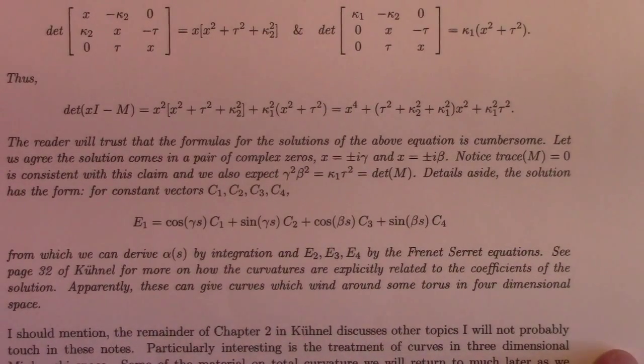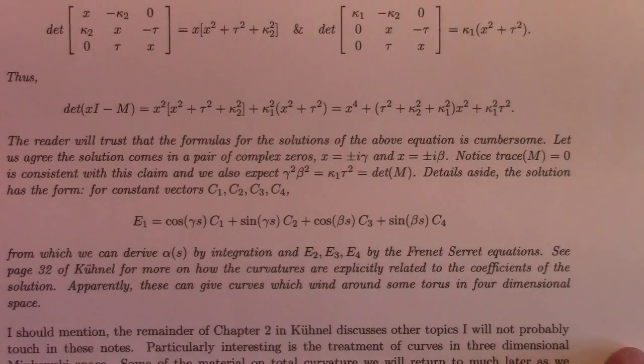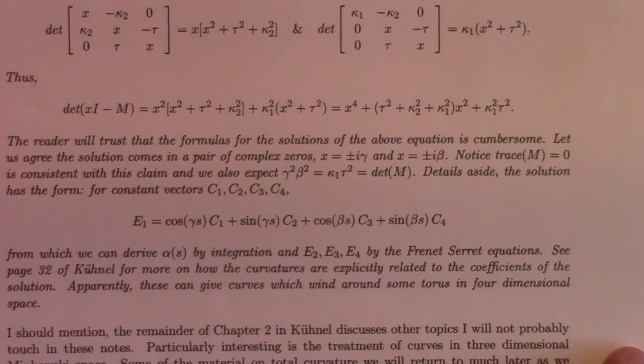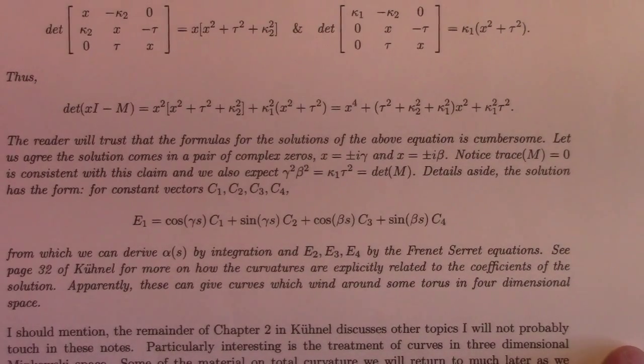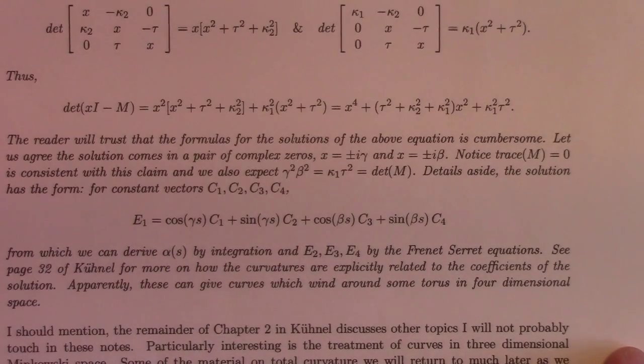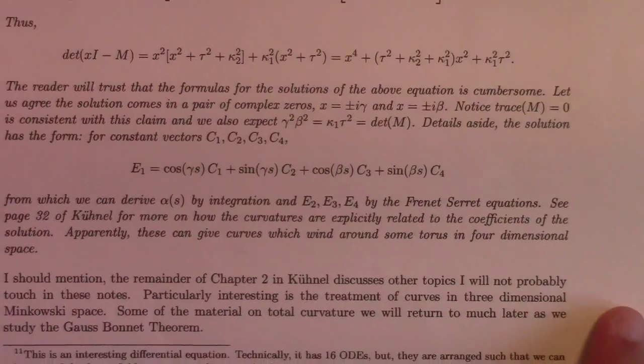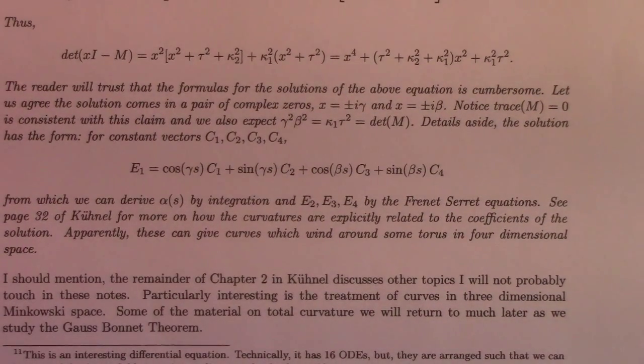That would be the velocity of this curve in 4 dimensions, which has constant curvature and constant torsion. You can look at page 32 of Kuhnel for more explicit formulas. They're really neat formulas, and he explains that this gives you curves which wind around a particular torus in 4-dimensional space.